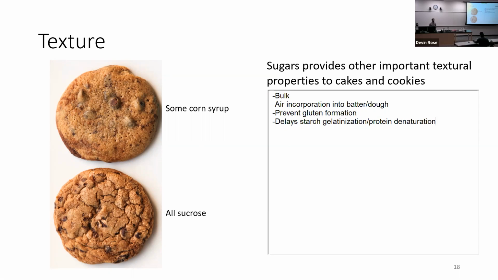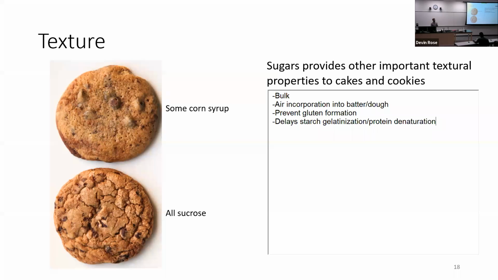And when it holds on to that water, it's going to make it so that it's not available for protein and it's not available for the starch. And water is important for proteins to denature or for starch to gelatinize. So if we've yanked all the water away from those materials, then they won't be able to gelatinize or to denature until later, until the temperature gets higher than normal.